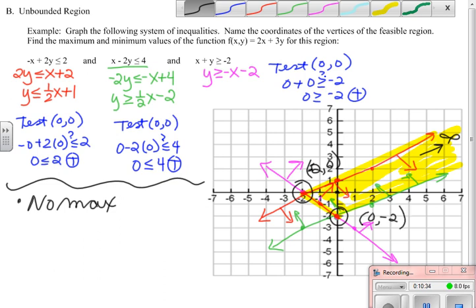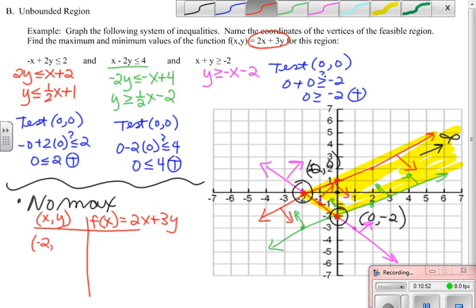So I'm going to go ahead and put those into this function right there. So there's my inputs of x, y. My f of x output is using this formula. So when I put -2, 0 in, I have 2 times -2 plus 3 times 0. So that equals -4.